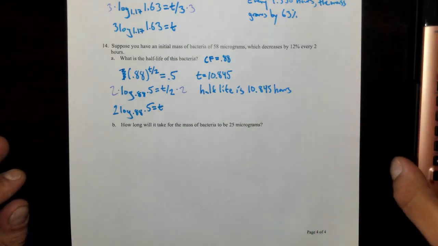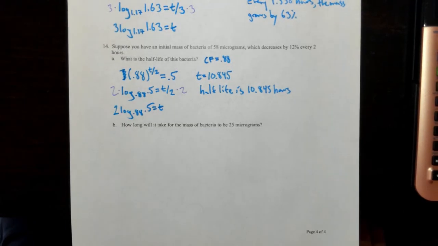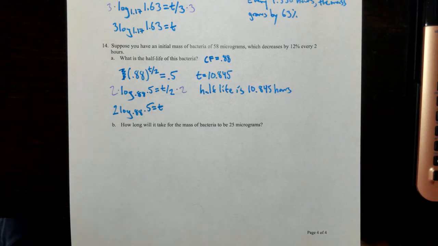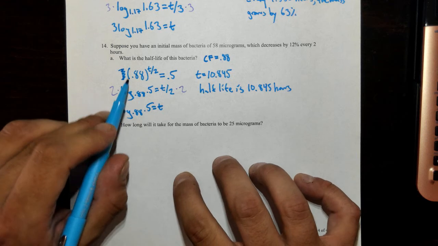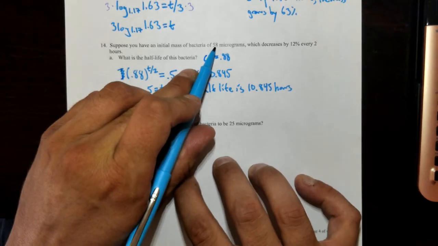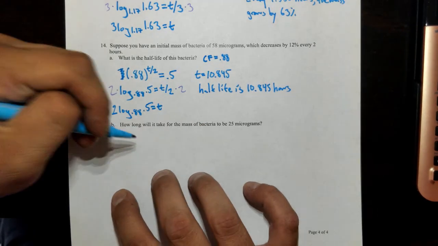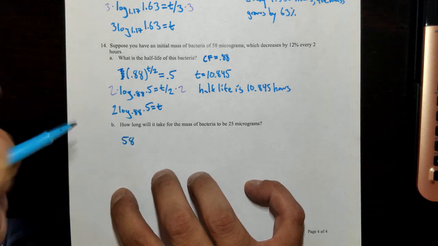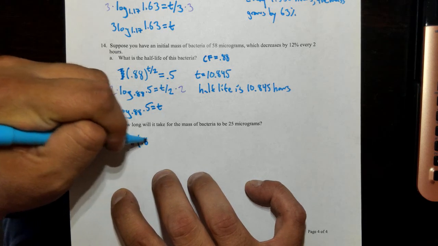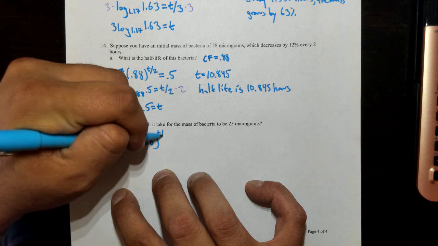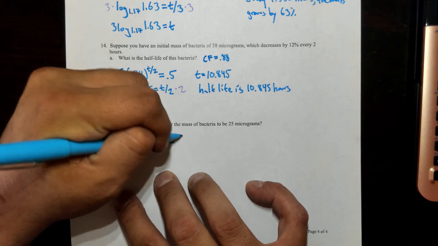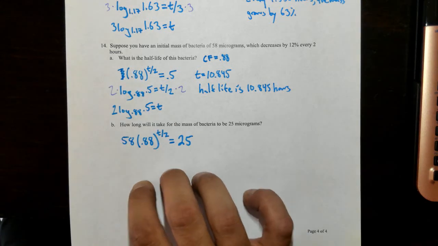Okay. And then how long will it take for the mass of bacteria to be 25 micrograms? Well, in this case, we will need our initial amount of 58. So I want to know, I have 58 now, and it's decaying. Now I want to know when it's going to equal 25 micrograms.